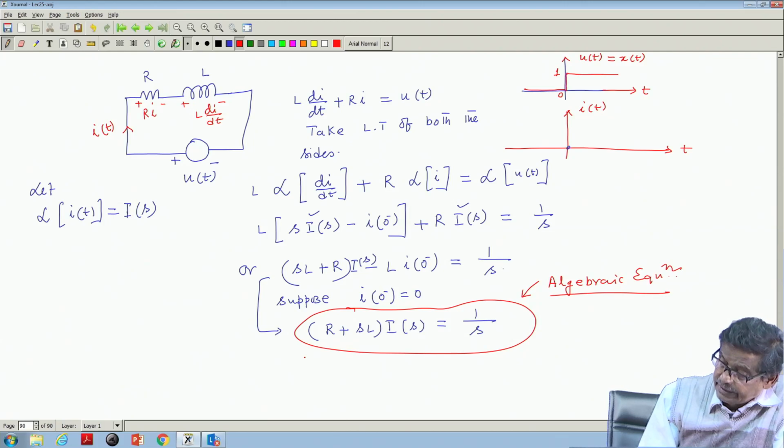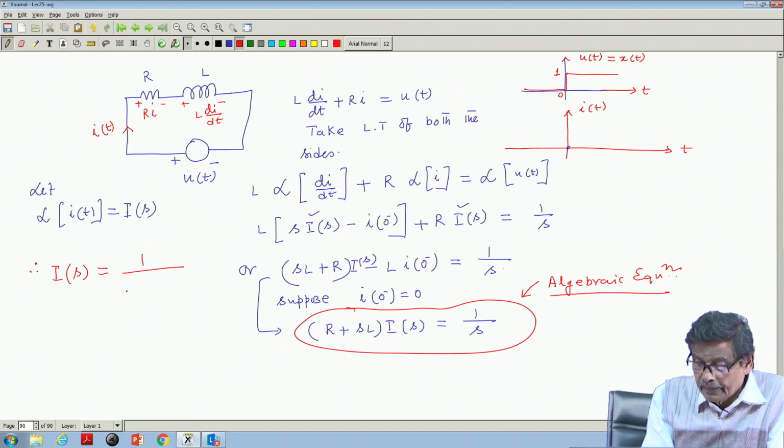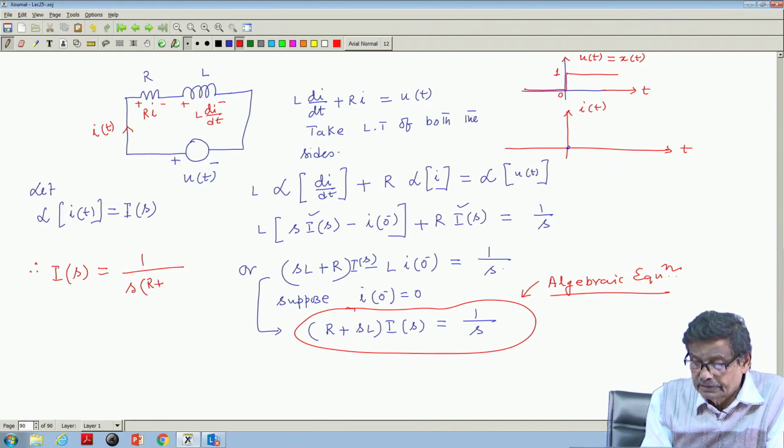Our goal is to find out I(s). So, what next I will do is this, therefore, I will write I(s) is nothing but 1 over s, this thing will come down here, R plus sL, is not?